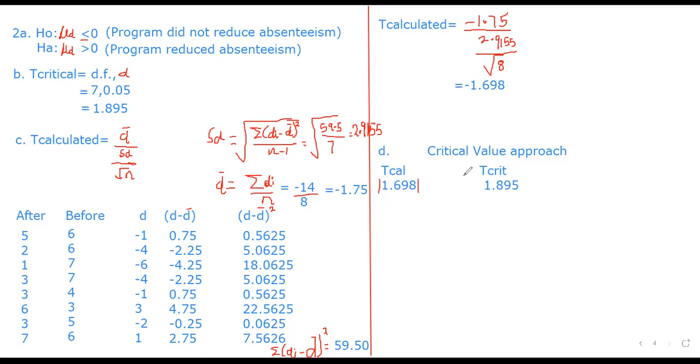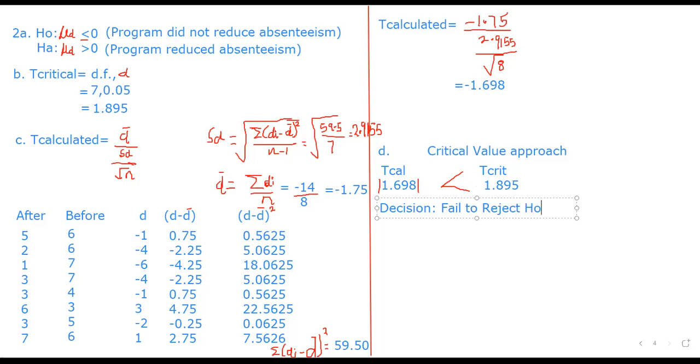So this one is less than this. So you fail to reject H0. Why? Because our T critical is greater than our T calculated.